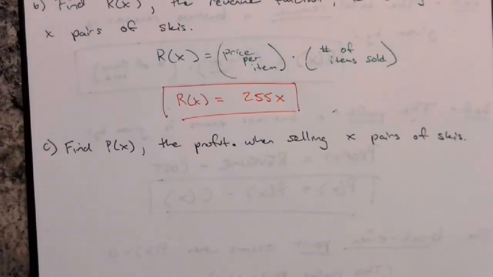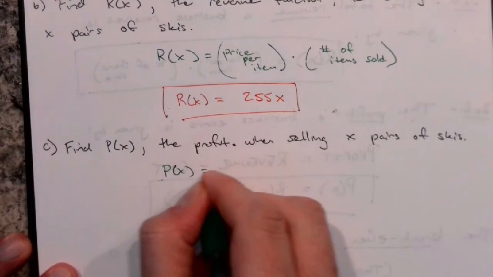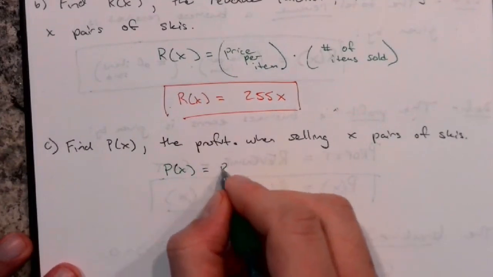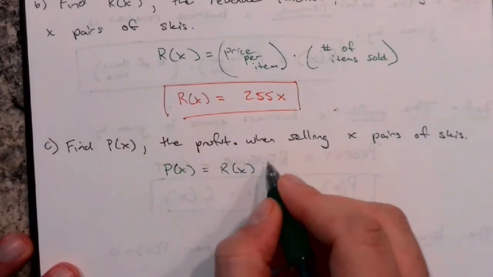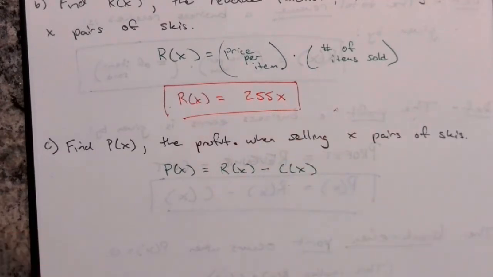Well, remember how you find profit. Profit was equal to revenue minus costs, right? So R of X minus C of X.